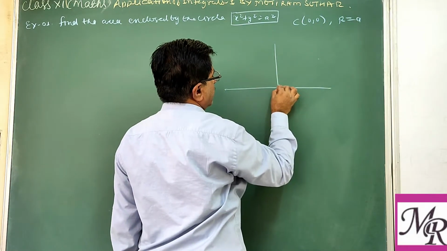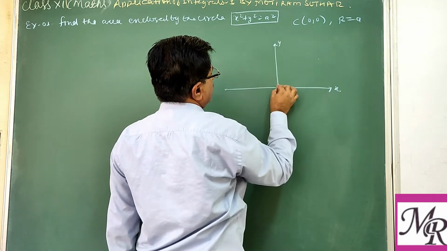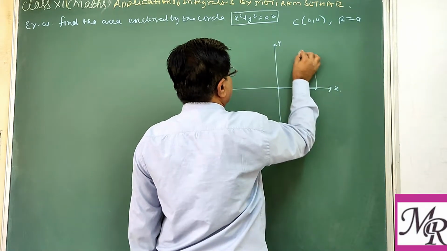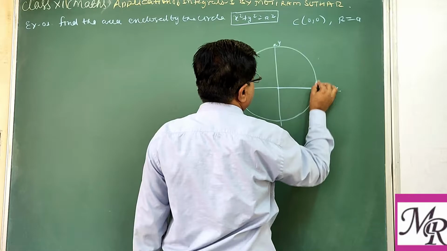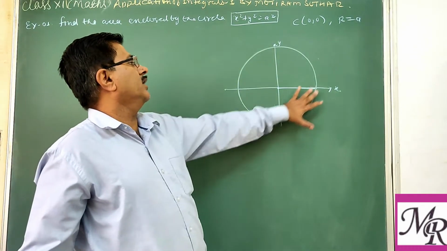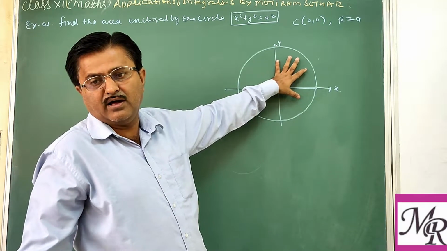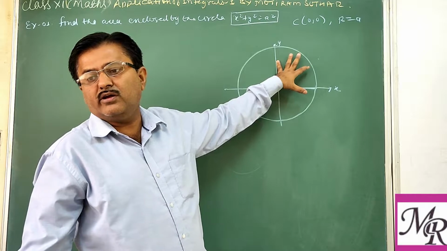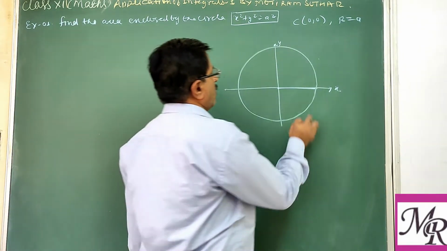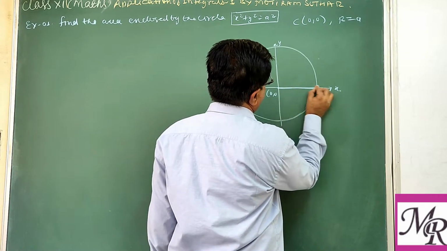So we take the center at the origin. This is the origin and the radius is a unit. So this will be a circle. Now you have to find the area enclosed by this circle. For the area of a circle we know the formula, but how do we find it with the help of an integral, we will see. Here the coordinate of the origin is 0, 0, and we are taking the radius as a units.